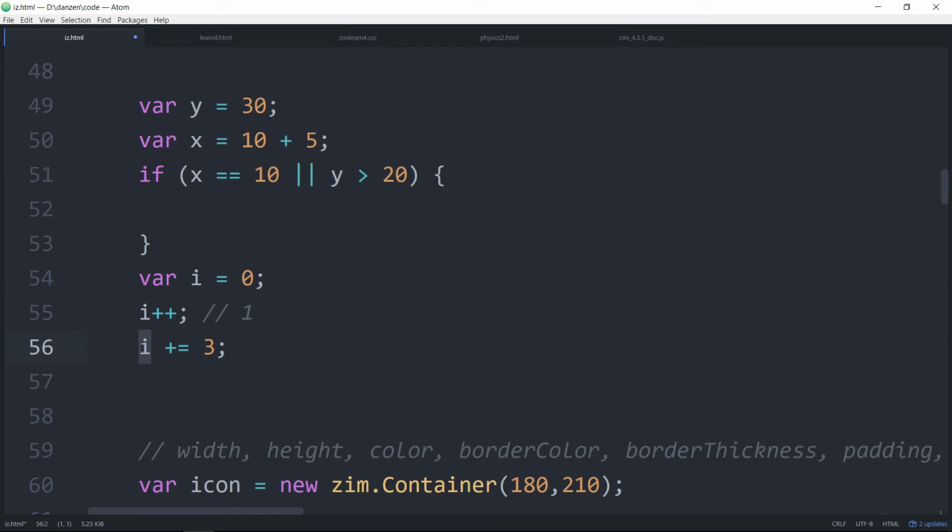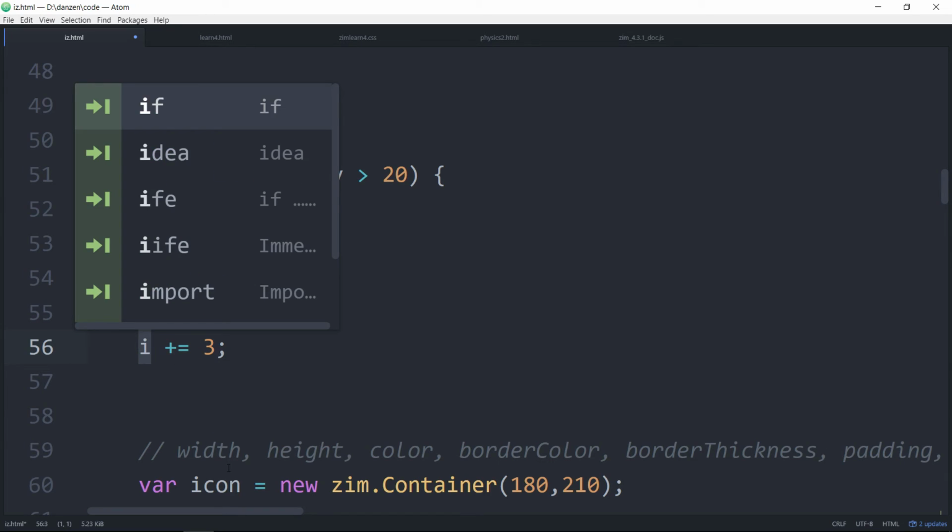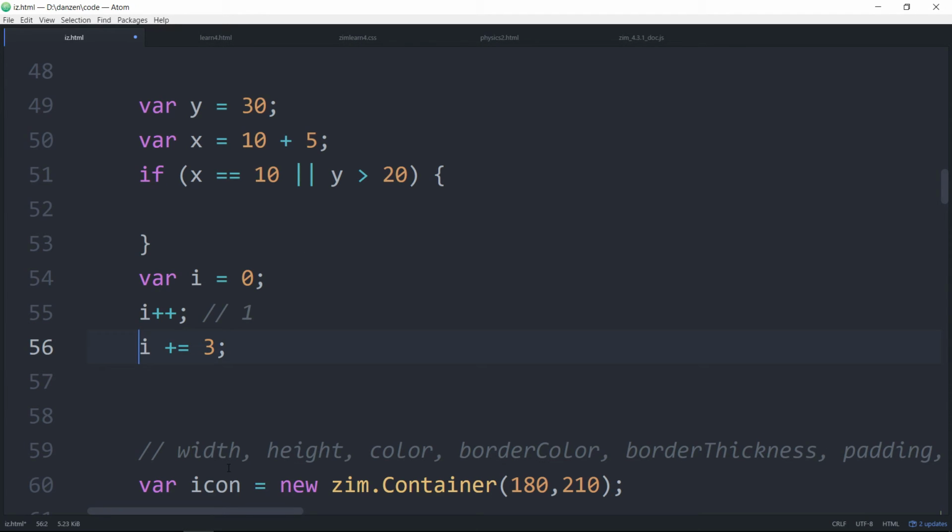Okay? So that would be doing something like, oh, go away, selector thing. That would be i is equal to i plus 3. Okay, so i plus 3 would be 1 plus 3 is 4, and then we assign that back to i, which would be 4. So it's a little bit of a twisty thing, but it's kind of fun.